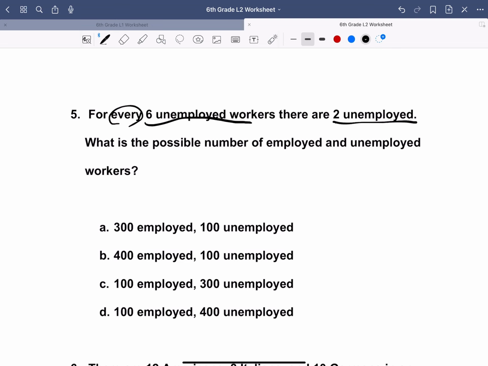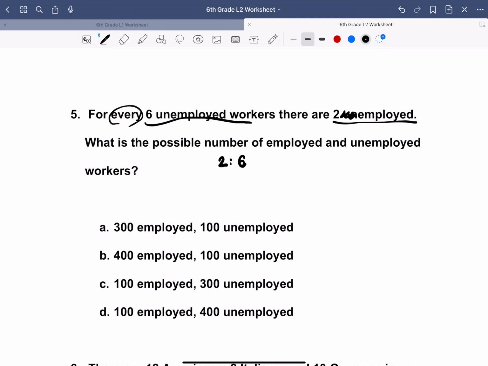Wow, this question is tricky, because it says for every 6 unemployed workers, there's 2 unemployed workers. So I think what the question wants is actually 2 employed. For every 6 unemployed workers, there are 2 employed workers. So we'll scratch the un part. And what's the possible number?